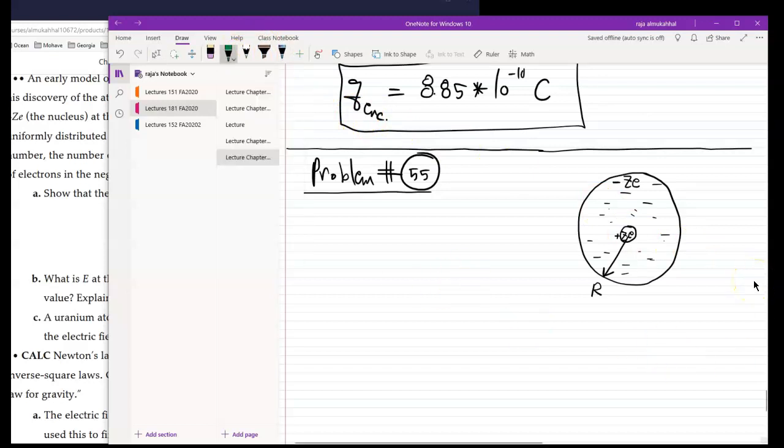Let's try green. I'm going to draw a Gaussian surface inside. There it is, this is the Gaussian surface, let's make it just a solid green like that, of radius small r, the variable.